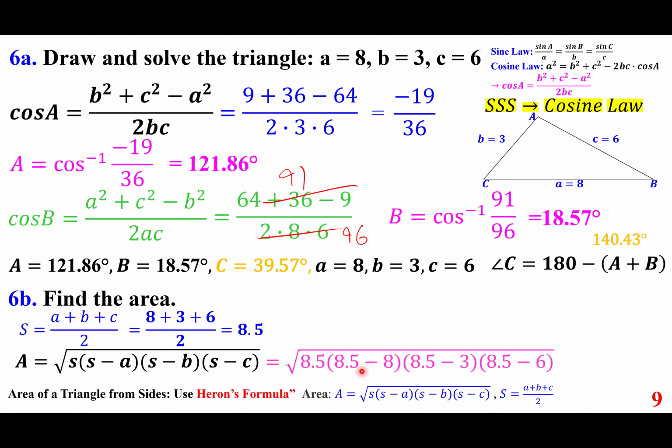So square root of 8.5 times 8.5 minus 8, 8.5 minus 3, 8.5 minus 6. Square root of 58.4375 is about 7.644. So that's how you come up with the answer, everybody.